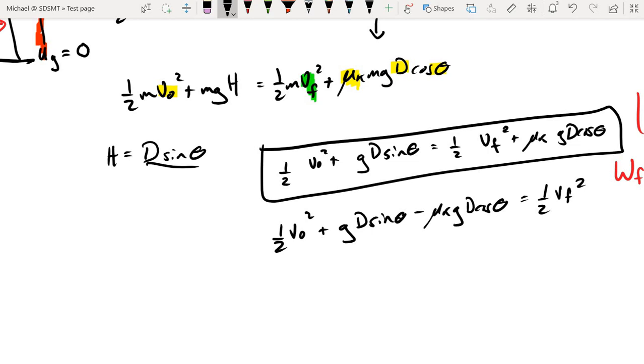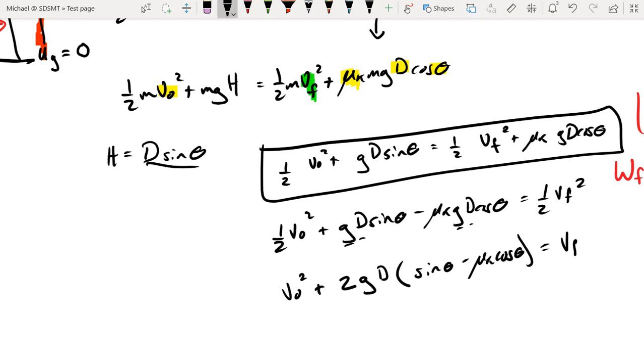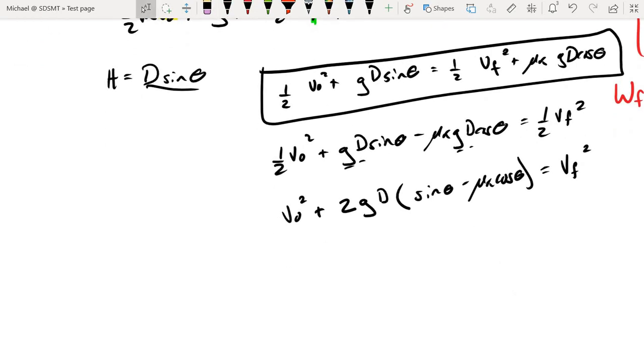So when we do that, we get V naught squared plus 2, and I'm going to factor the GD's out of those two terms. And what we're left with is sine theta minus mu k cosine theta equals V final squared. And then our final step is to take the square root of both sides so that we can get V.